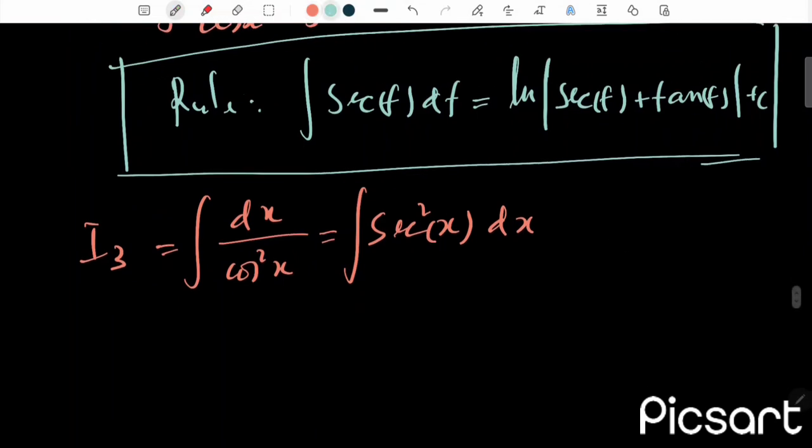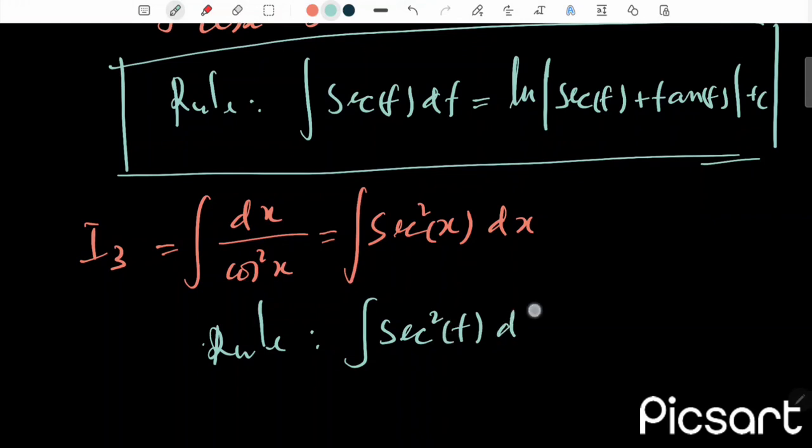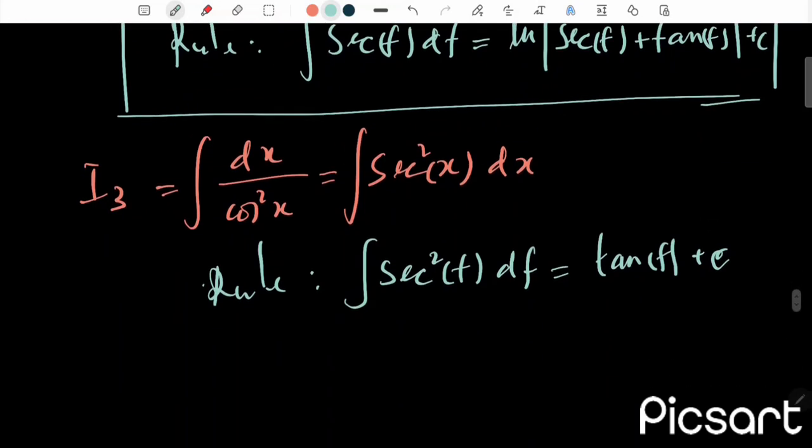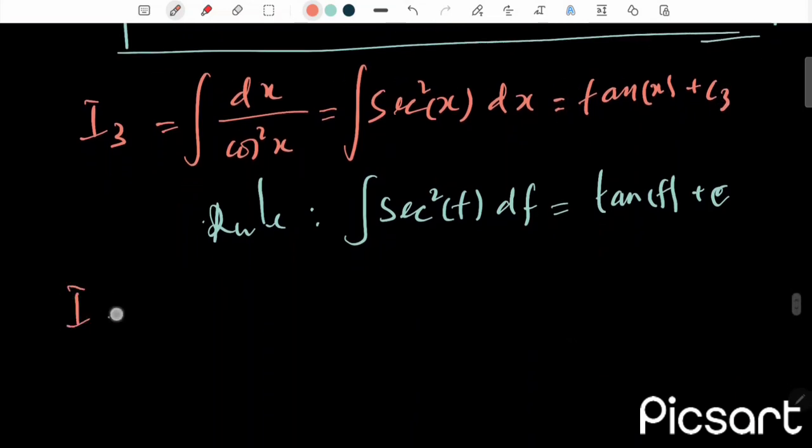To solve this, the rule is the following: the integral of sec square of f d of f is equal to tan of f plus c. Then we have I3 equal to tan of x plus c3.